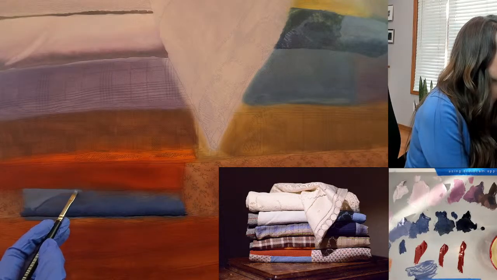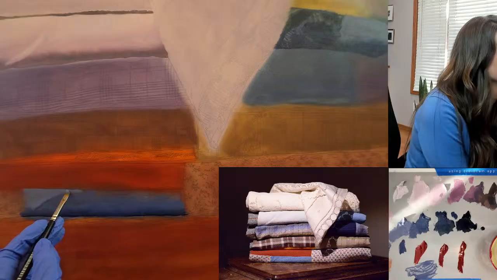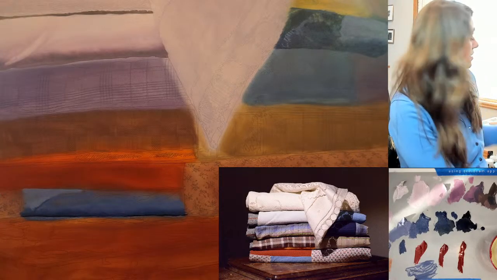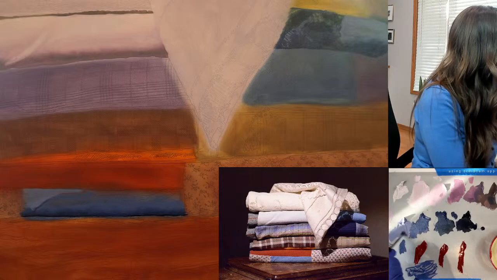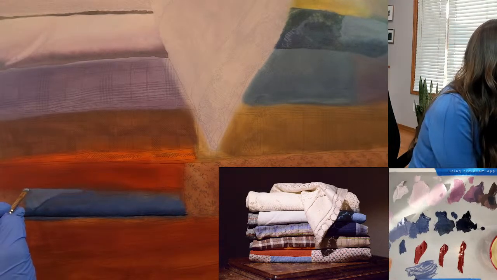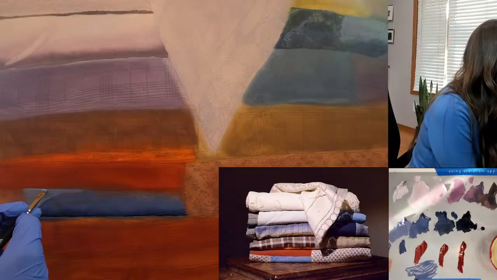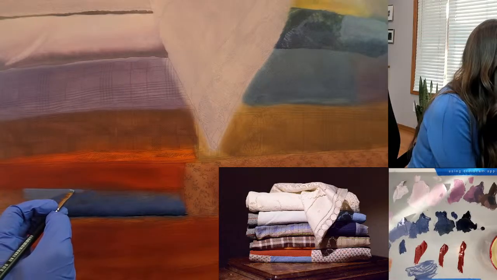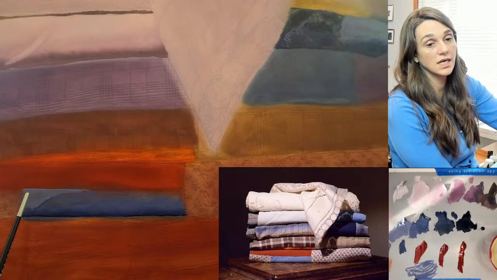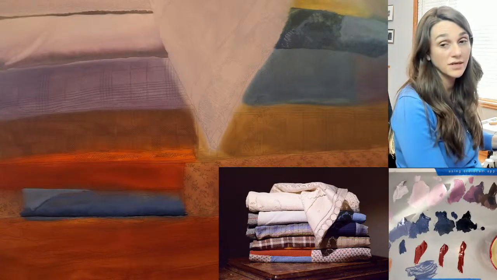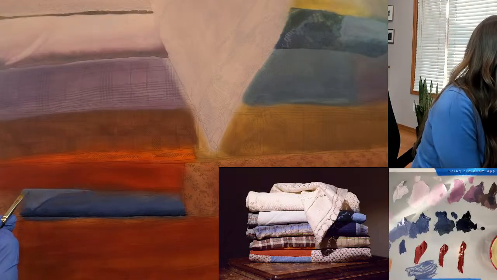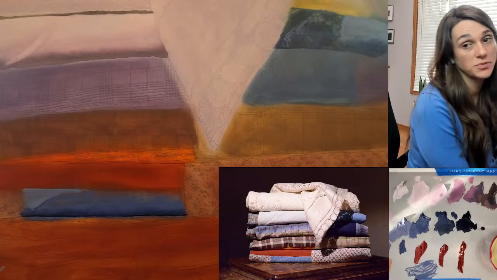Anywhere where I want to create the illusion of a hit of light, I could just simply go in like this and make this area here more opaque. Even though this is the exact same color, notice how that looks like a highlight. And so you can play around with the density of the paint, and that's one of the beautiful things about painting in layers, is the fact that you have those options.